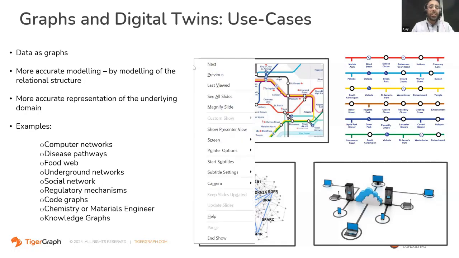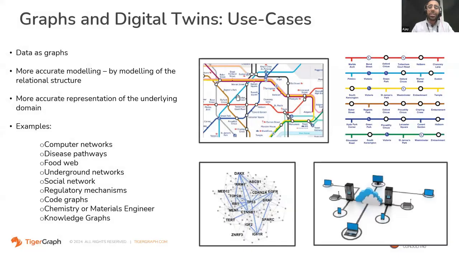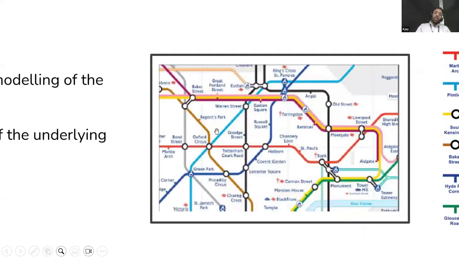As you can see here, this is the London Underground tube map. The vertices or nodes represent the stations, and the lines are the train lines, which are the edges connecting these vertices. And where these train edges meet, they represent the interchanges. So a beautiful replica of the London tube map represented as a graph.